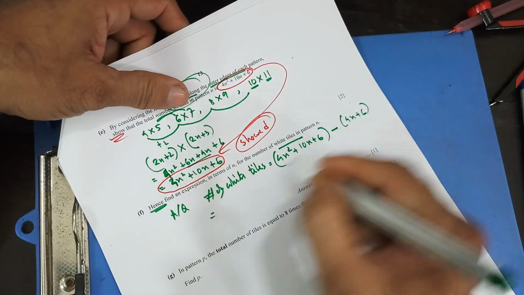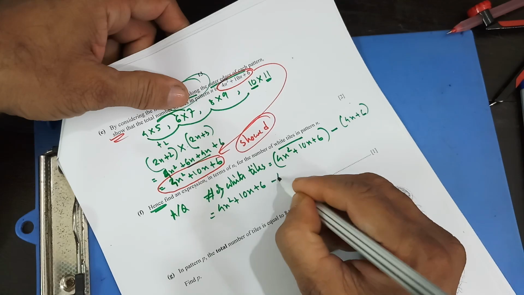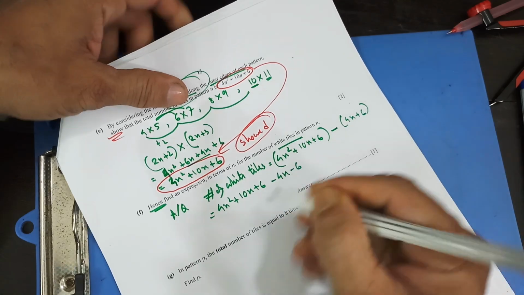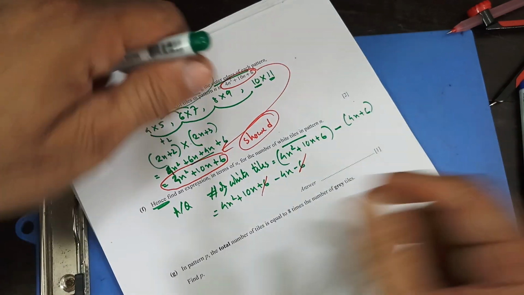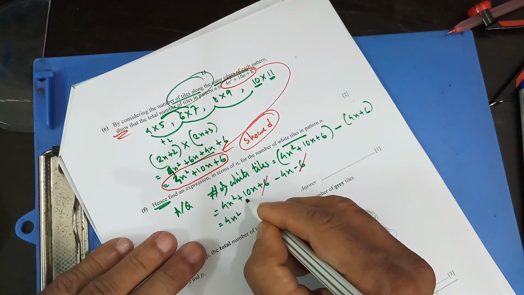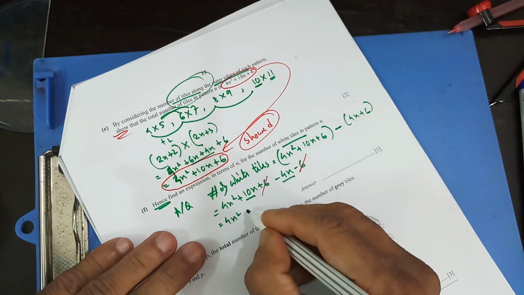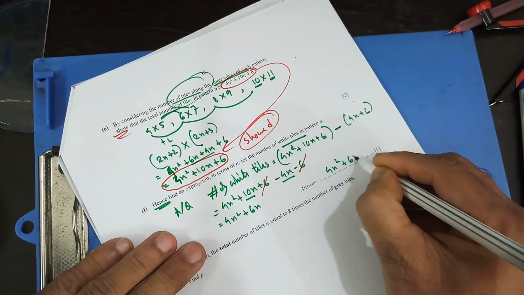So taking this bracket off, 4n squared plus 10n plus 6 minus 4n minus 6, so 6 crosses out, and then I'll have 4n squared and 10n minus 4n, that's plus 6n. So 4n squared plus 6n.